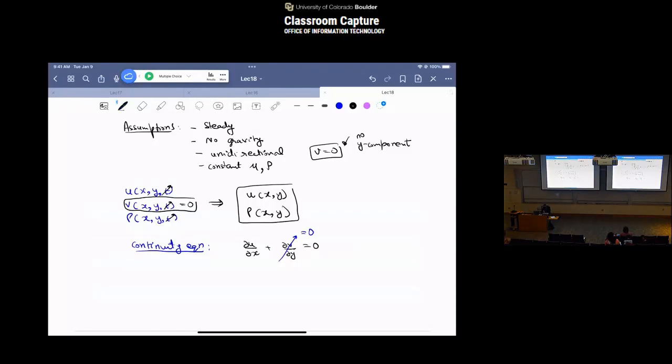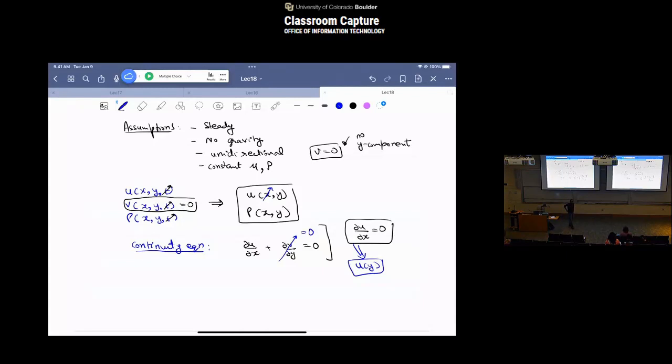So I get del u by del x is 0, same as last time. Okay, what does it imply? Del u by del x is 0. U is only a function of y, right? Because it doesn't depend on x. So I can drop this, and u is only a function of y. Perfect.